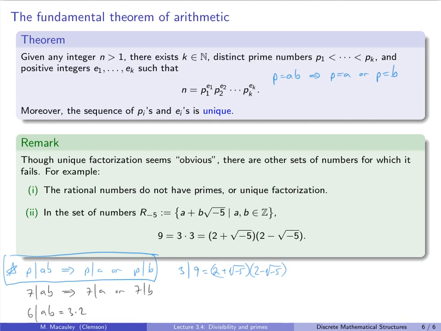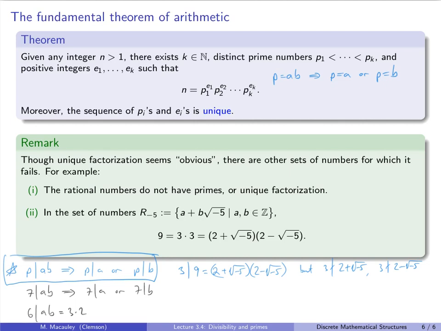So 3 divides, call this A, call that B, but 3 does not divide 2 plus root -5, and 3 does not divide 2 minus root -5. So 3 is not prime, because this property does not hold. It divides 9, but does not divide these two factors of 9. So 3 is what we say is irreducible, but not prime.